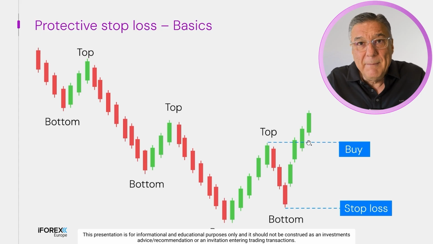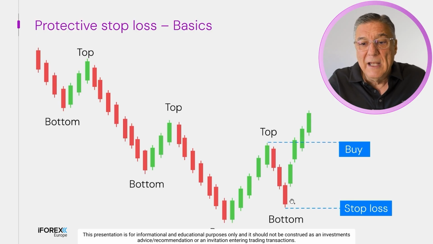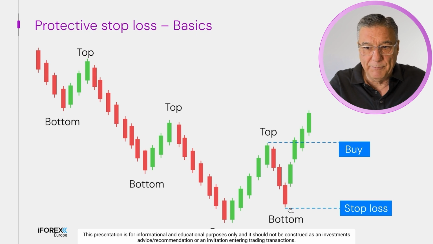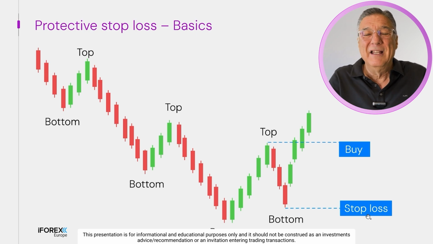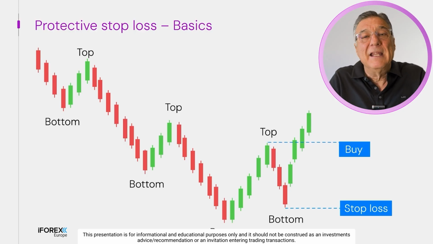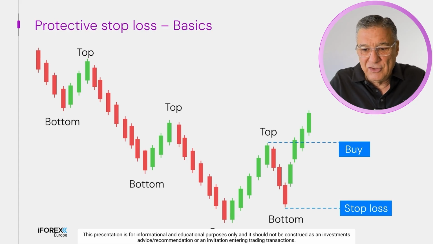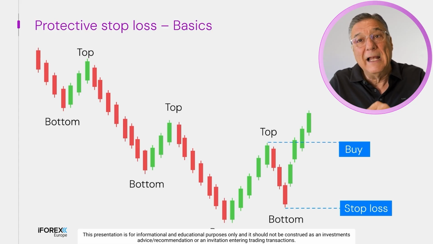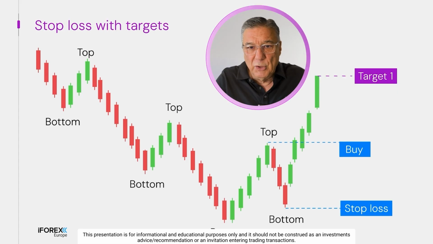At the same time, we have to place a stop loss right below the most current bottom, right? So this is our stop loss, our protective stop loss. And in this case, since we're using technical analysis, chart analysis, I call it technical stop loss at the most recent bottom. So we can introduce here targets, profit targets, that is.